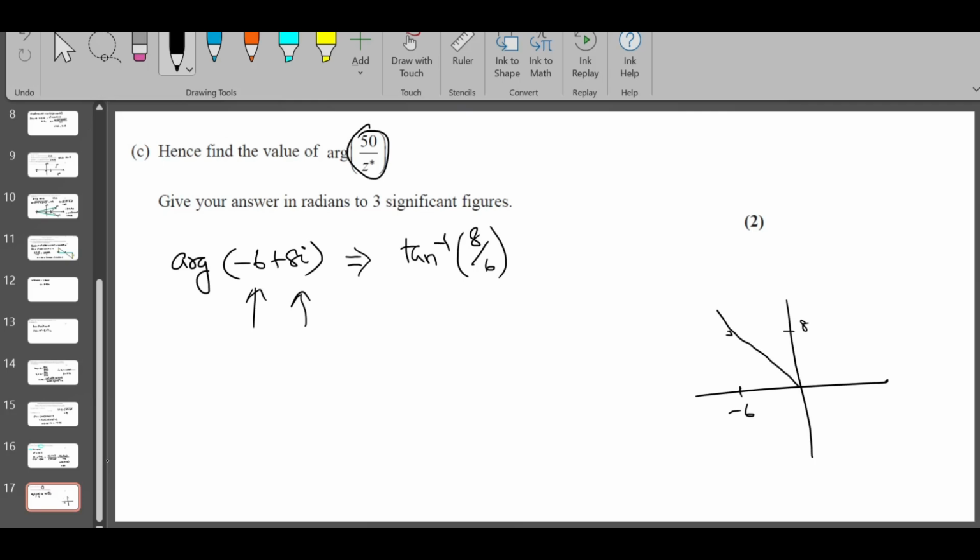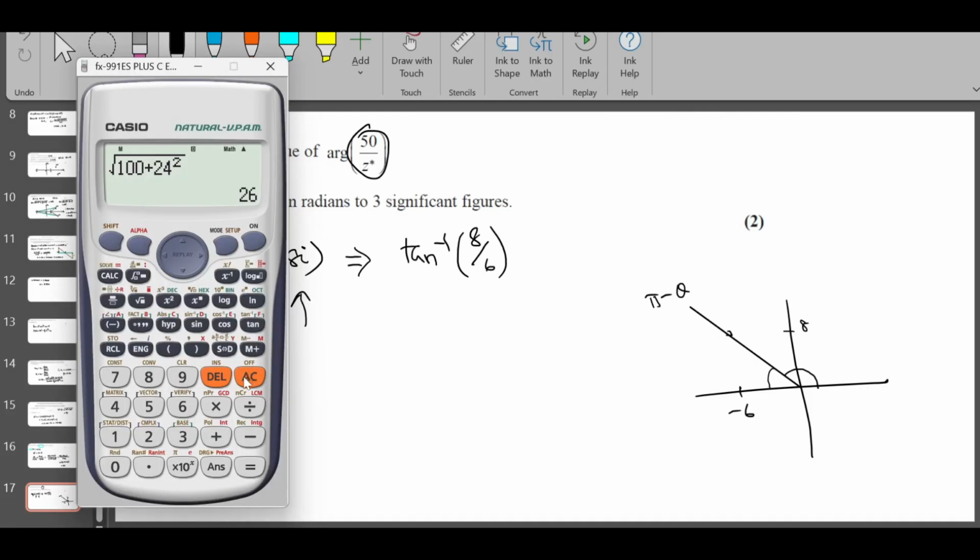So to find the argument of this complex number, you find theta and you put pi minus theta. Theta is tan inverse of 8 over 6 in radians. So use your calculator in radians.